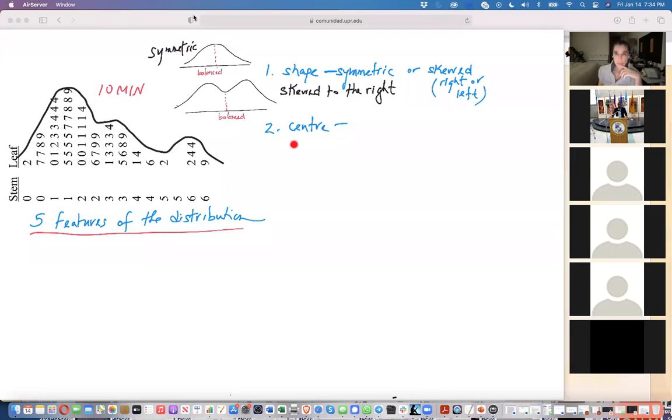What we're trying to capture when we talk about center is more like expected value. For instance, what do you expect the next shopper will spend in the grocery store? What value would that be, if you just looked at the graphic?